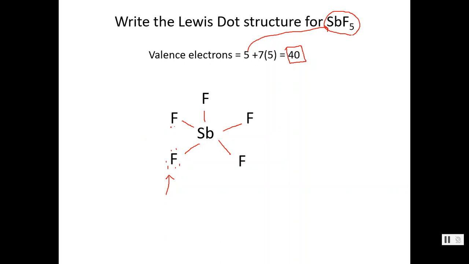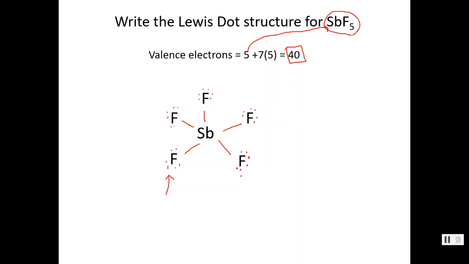So 17, 18, 19, 20, and so on up to 40. So I have used all 40 of my 40 valence electrons.